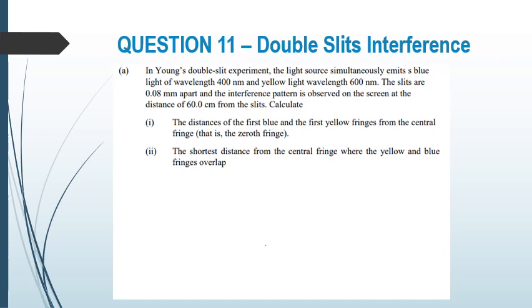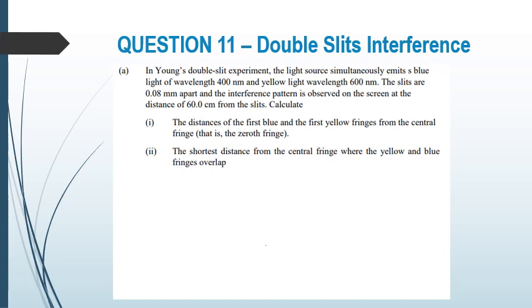The slits are 0.08 mm apart and the interference pattern is observed on the screen at a distance of 60 cm from the slit. Calculate 1. The distance of the first blue and the first yellow fringes from the central fringe. 2. The shortest distance from the central fringe where the yellow and blue fringes overlap.